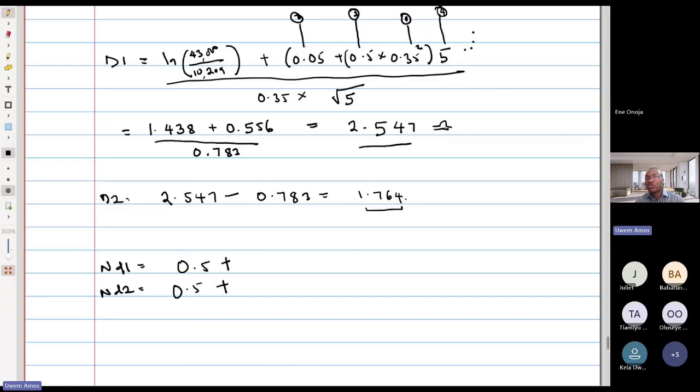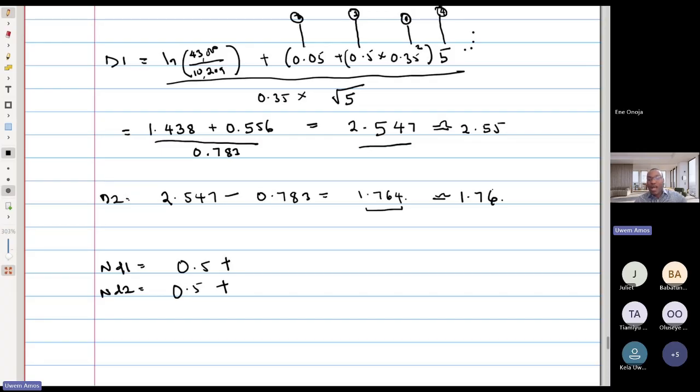So let's round it up to 2 decimal places: 2.55, and 1.76. You can take the other approach to read everything from the normal distribution table, which will require more adjustments.